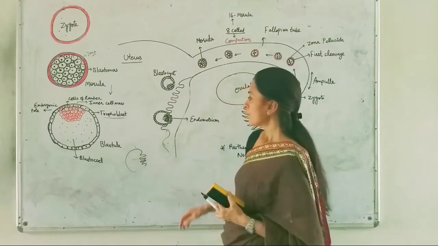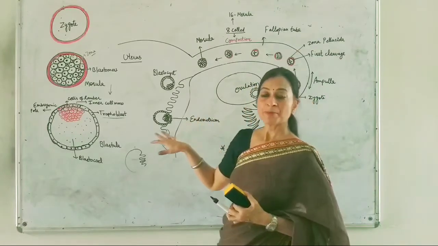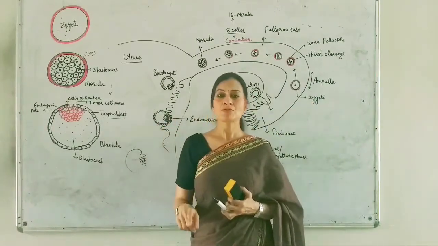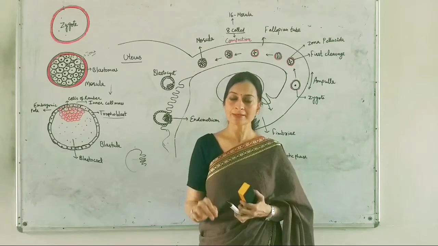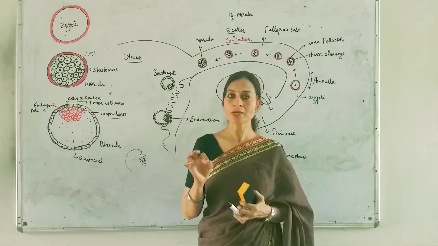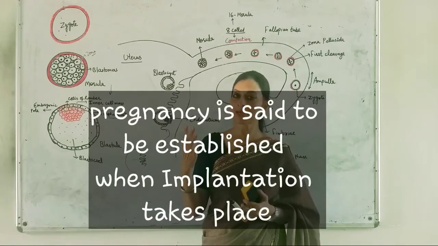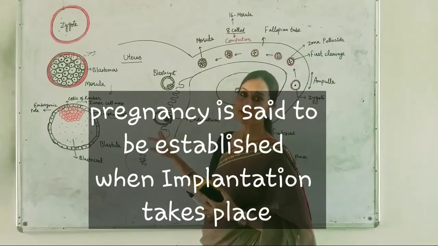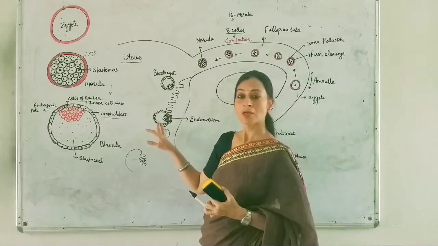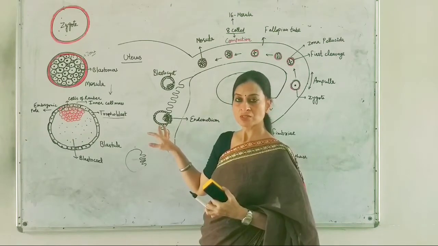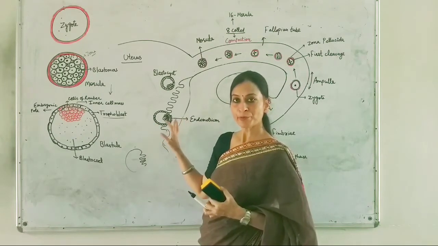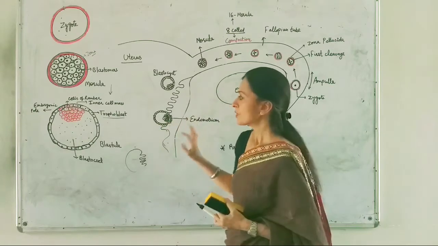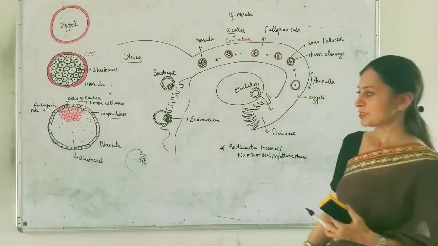When the implantation takes place, only then we say pregnancy has established. The woman is called pregnant when the implantation takes place, means this blastocyst stage attaches with the endometrium. So this is the implantation process.